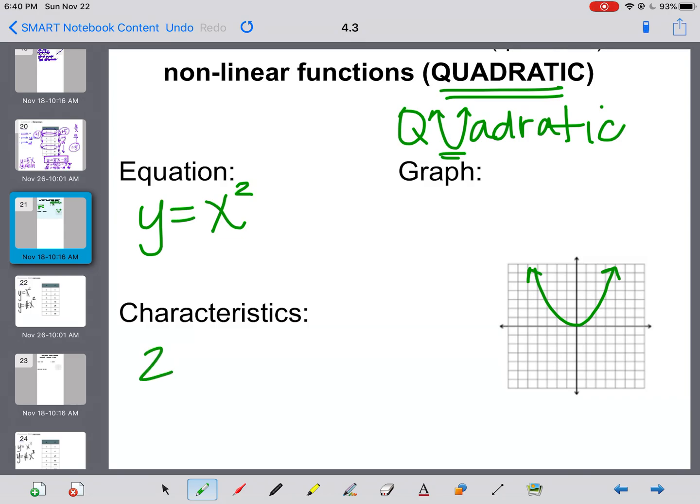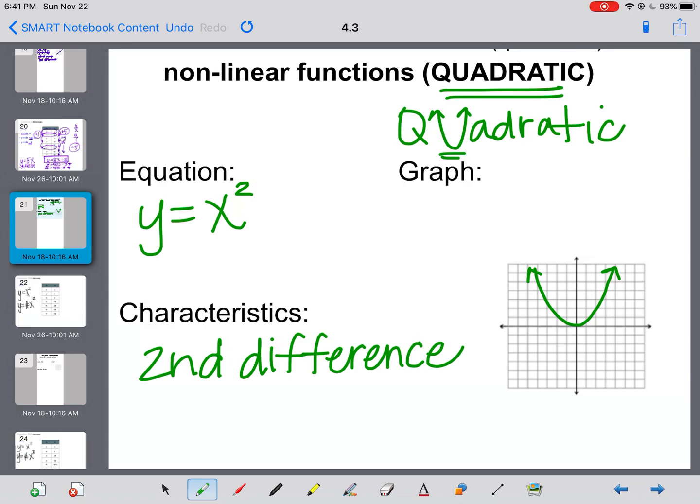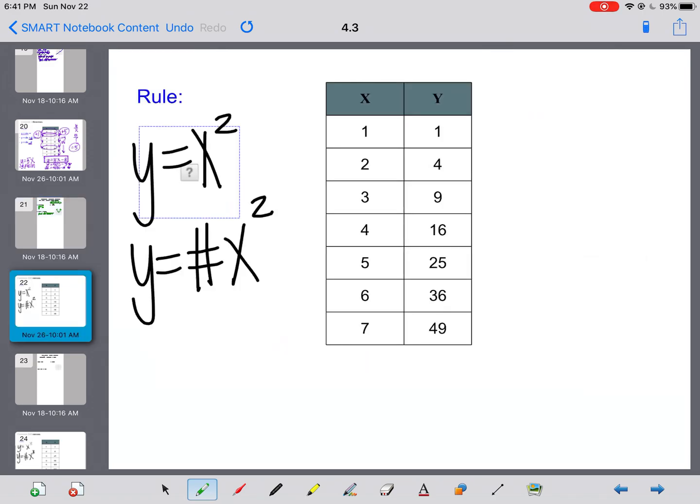Okay, the parent function is going to be y equals x to the 2nd power. And we'll know that we need a quadratic equation if our second difference is the same. Okay, make sure you're writing this down, because you're definitely going to need it during your homework.